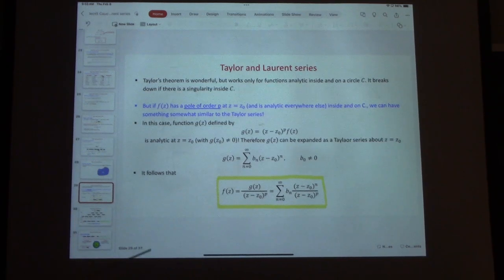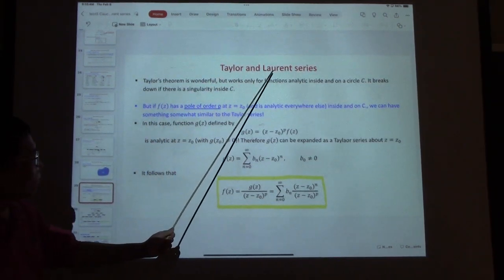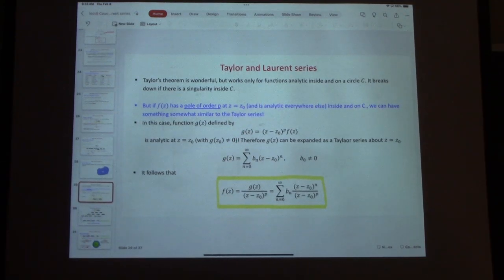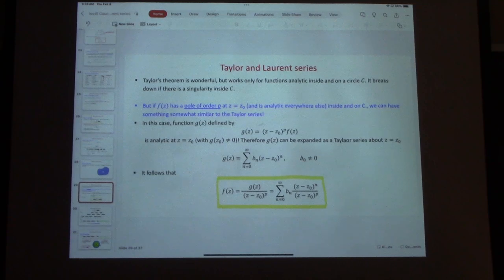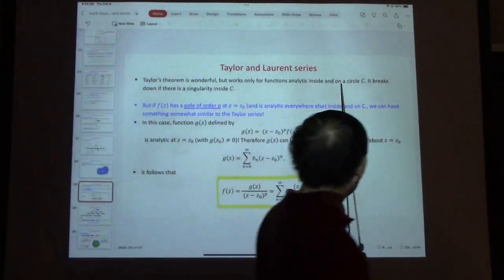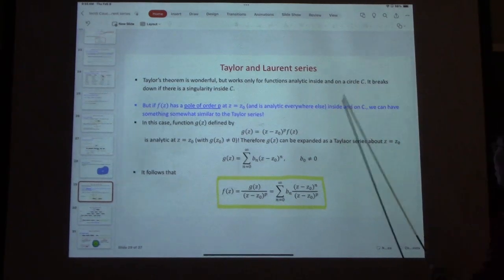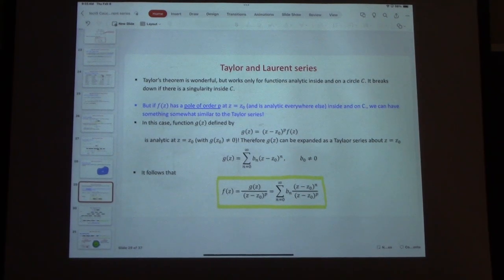All right, now let's see, if we have this concept, how can we get the Laurent series, okay? The Taylor theorem is wonderful, but it only works for functions analytic inside and also on a circle C. By the way, when we do this Taylor series, we need to understand where the radius of convergence is.